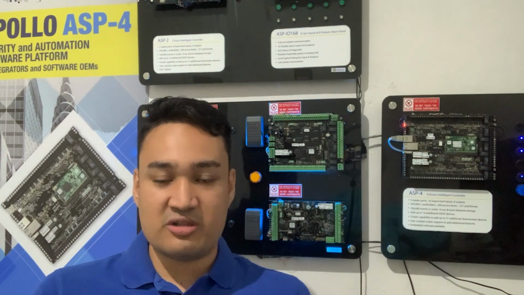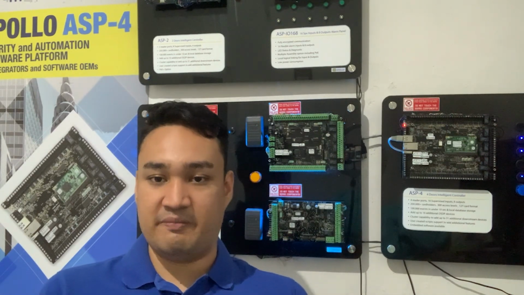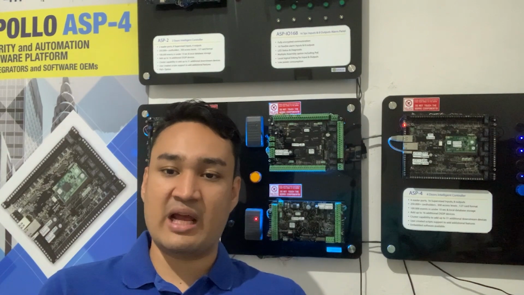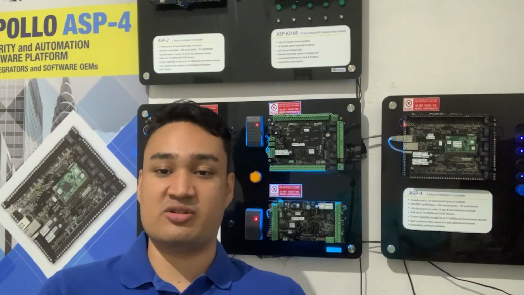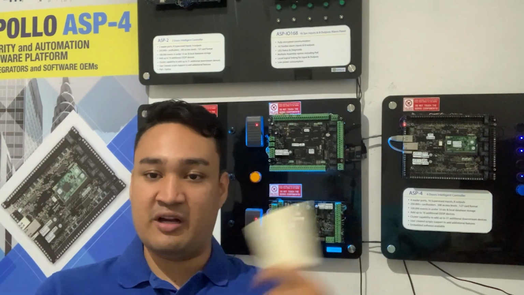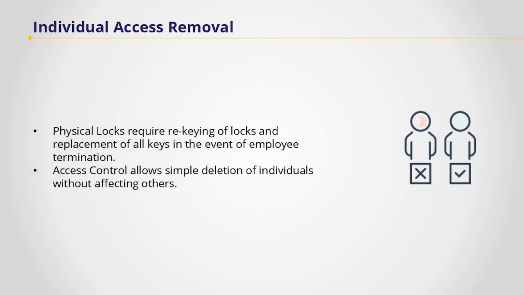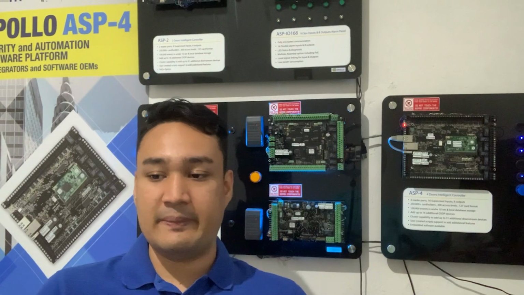So it's not so efficient, especially if you have a large amount of people going in and out. You want something like electronic access control to cope with that amount of traffic. If a card is missing, the security personnel can just deactivate the old card and issue a new one for that individual. So there's a lot of benefits in there.